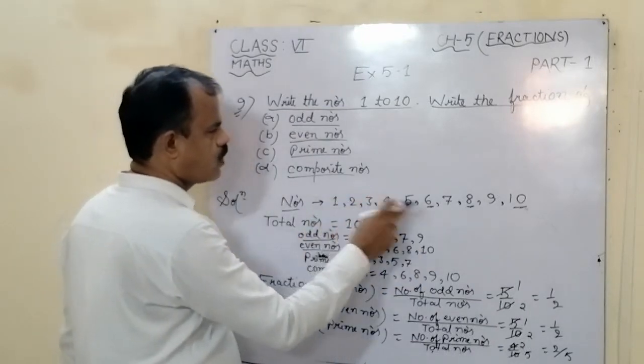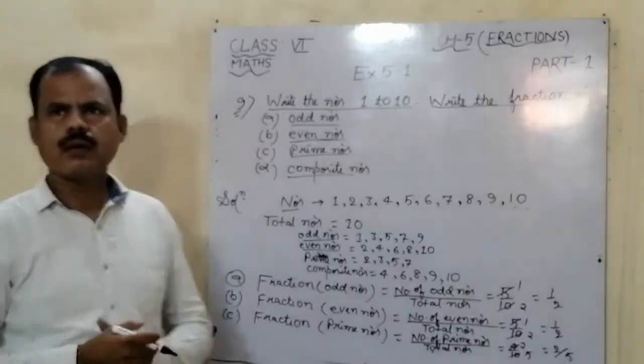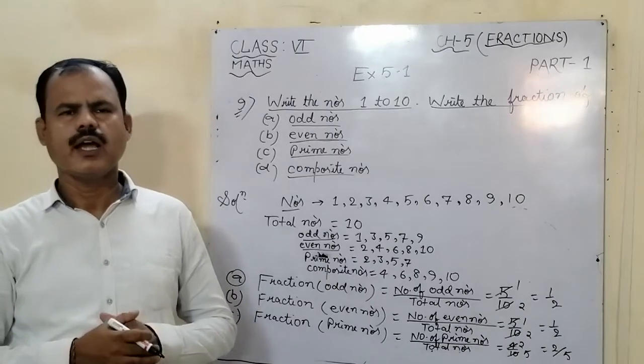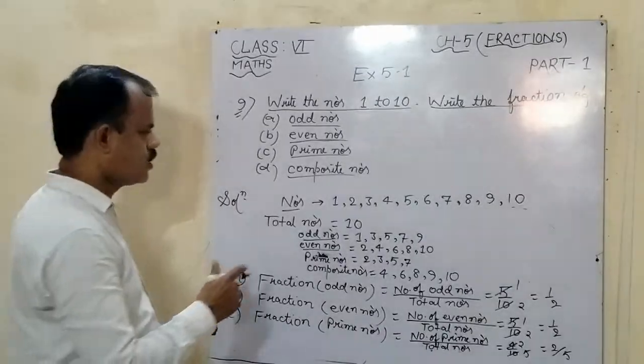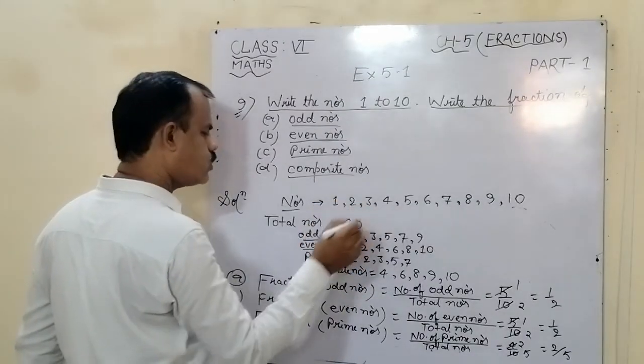Okay. Now we have to find prime numbers. Prime numbers are those which have only two factors, 1 and the number itself. So find out the numbers from 1 to 10.